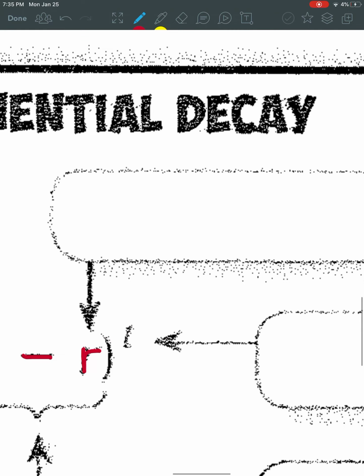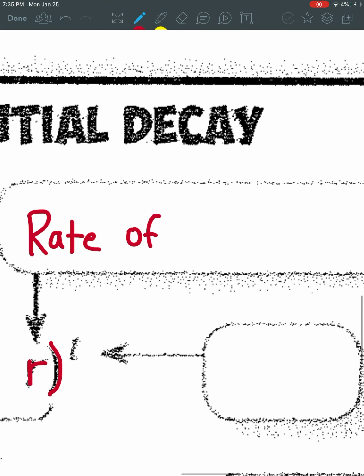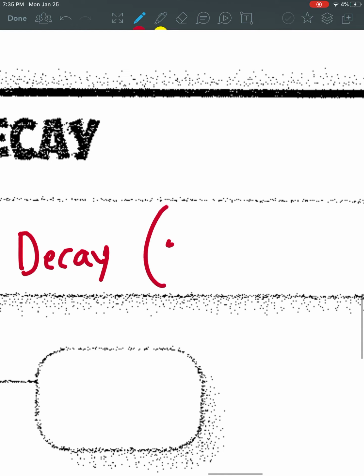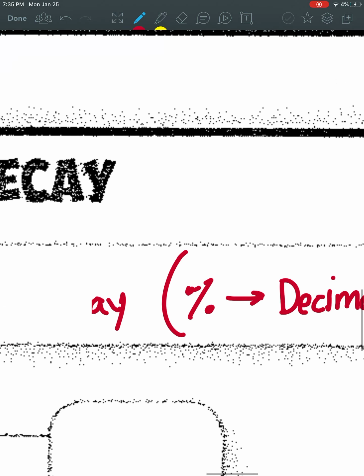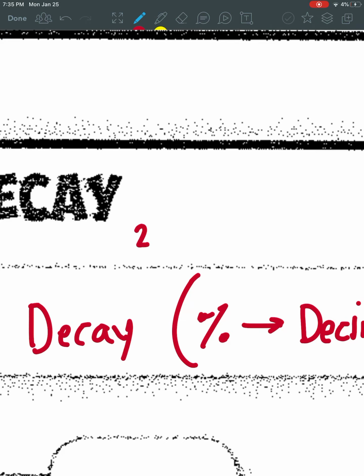And then inside here, instead of adding, we're going to do 1 minus R. So the rate, it's still going to be a percentage. And you want to change it. So I'm going to do the same thing. You want to change percent to decimal, and then do 1 minus that rate.